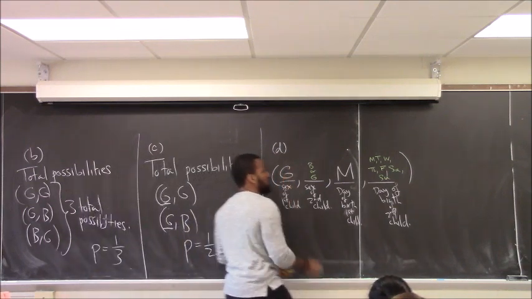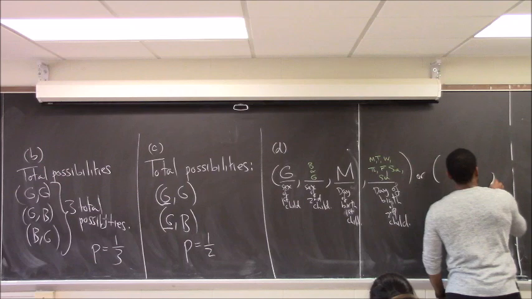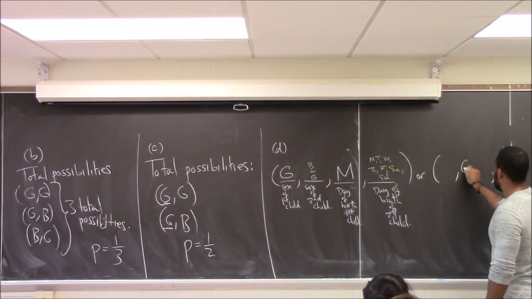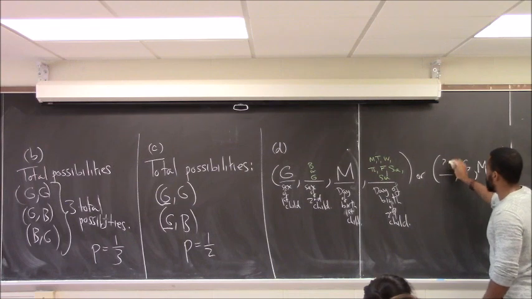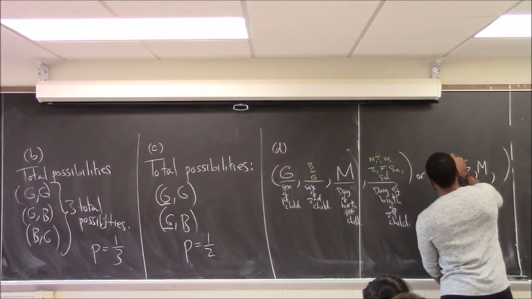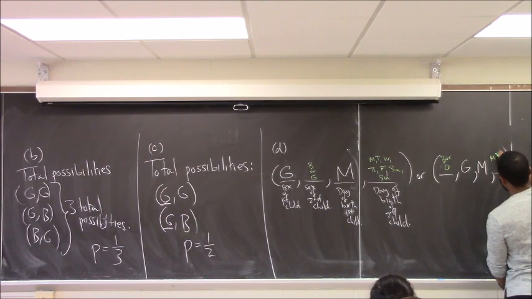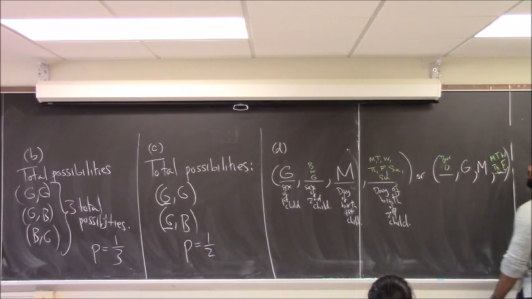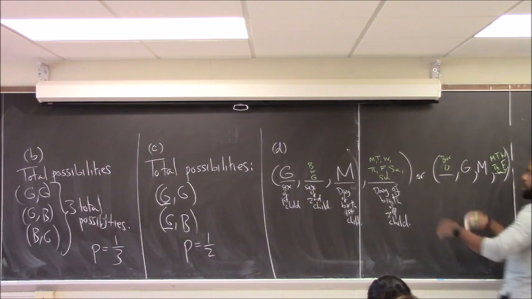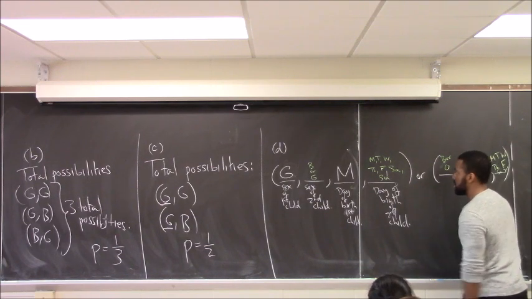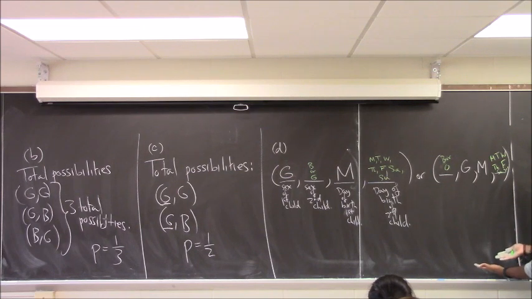Or the other situation is there's a G here and an M here, and that's where we don't know boy or girl, and this way we don't know Monday through Sunday. So basically, if I count all of these possibilities, and then count all of those possibilities, and add them up, I will get the total number of possibilities. And the M should be over here, yes.